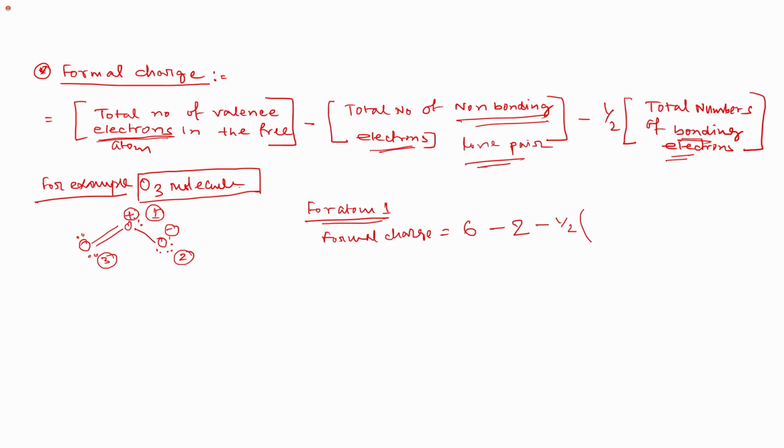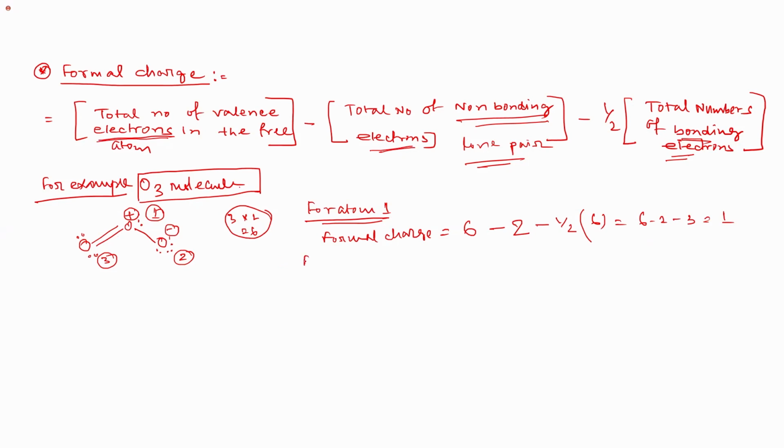How many bonds does oxygen atom 1 have? It has 3 bonds, and among these, 2 are sigma and 1 is pi. Every bond is made by 2 electrons, so 3 into 2 is 6 bonding electrons. So 6 minus 2 minus 3 gives 1.